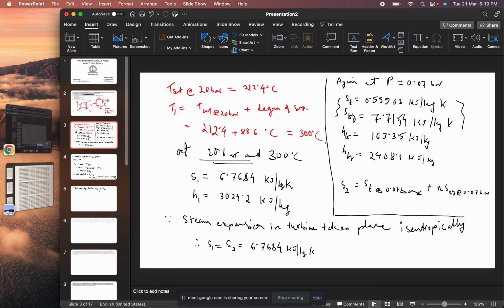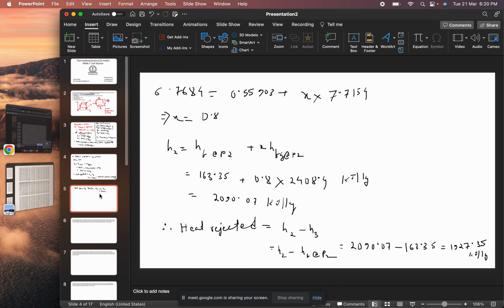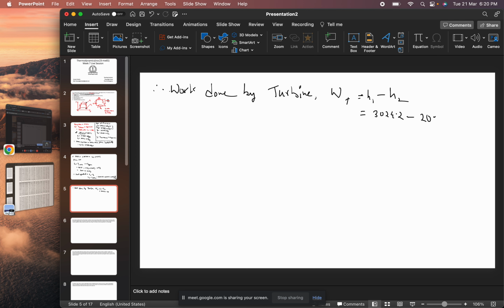My H1 was 3024.2, and your H2 was 2090.07. So 3024.2 minus 2090.07, you'll get 934.13 kilojoule per kg. This is the work done by the turbine.